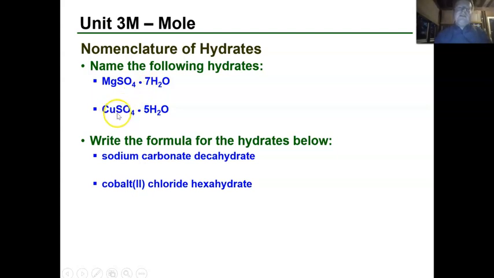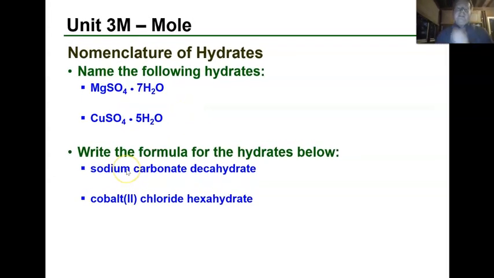So this is copper(II) sulfate pentahydrate. I definitely recommend you pause and practice saying that, not just writing these things out. Even just getting your tongue into the muscle memory of saying this helps a lot in terms of your preparation, your studying.